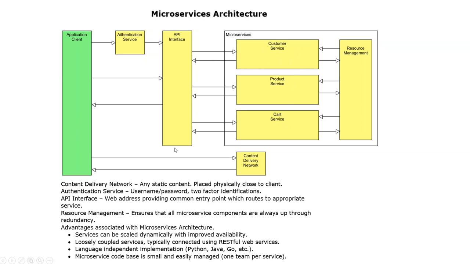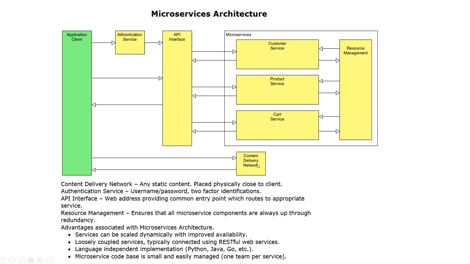Further down here, we also have a content delivery network. This is typically used for static content, so things that don't have to go through any of these three modules up here, because it's just static HTML or maybe some JavaScript that is rendering the page or part of the page. Therefore it can be separated out.